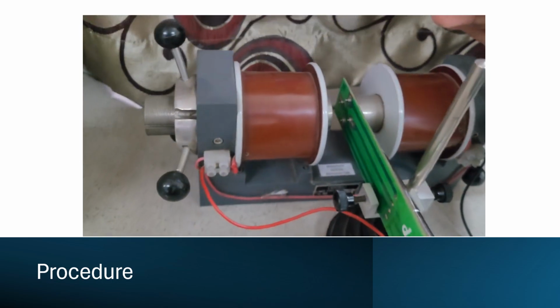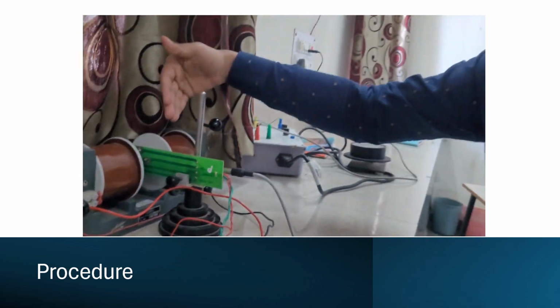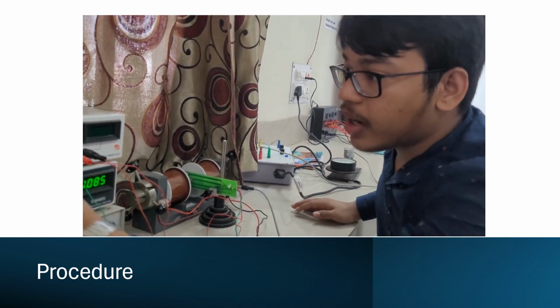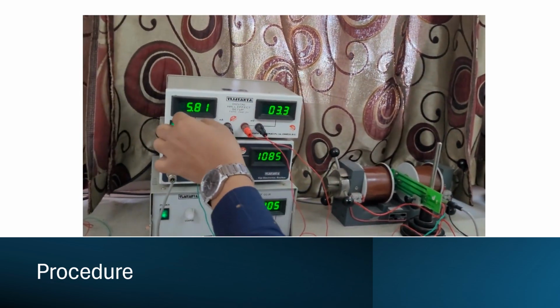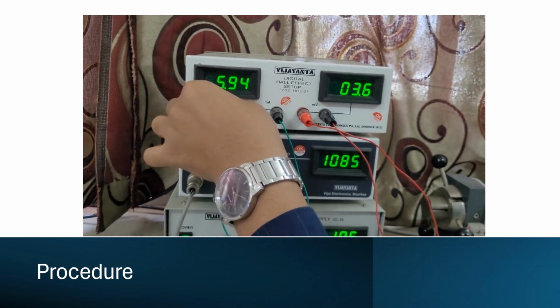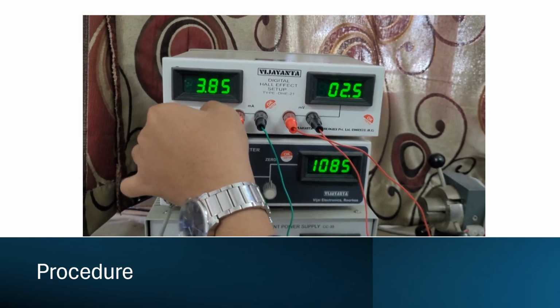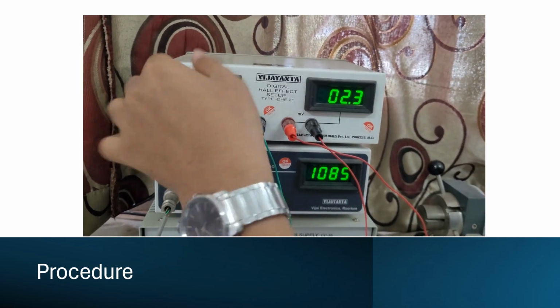So what is happening actually is that we are passing a current and there is a magnetic field perpendicular to the semiconductor or sample, on this digital Hall effect setup. Now we can vary the current passing through the sample, and we can measure the Hall voltage.